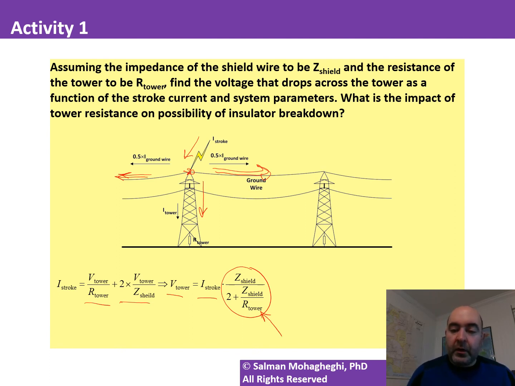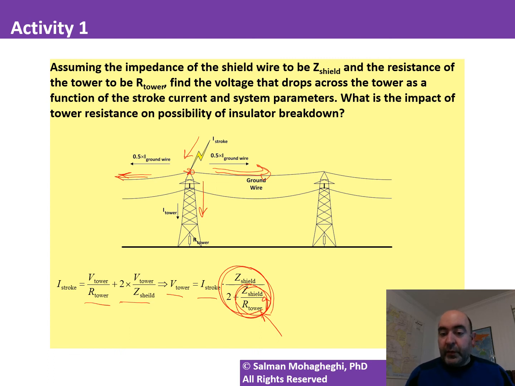Now, let's think about this parameter R of tower. That's the resistance of the tower. If this is a large value, this portion will be small, meaning that this entire value is going to be large, meaning that you will have more voltage dropped along the tower. What is the problem with that? This voltage might be so high that it might break down the insulators.